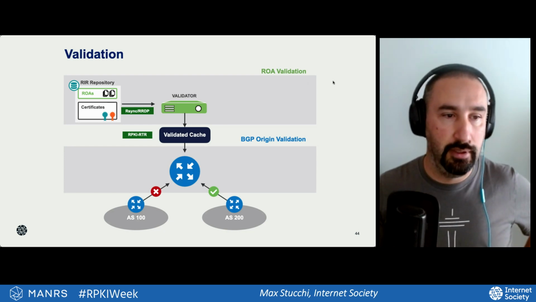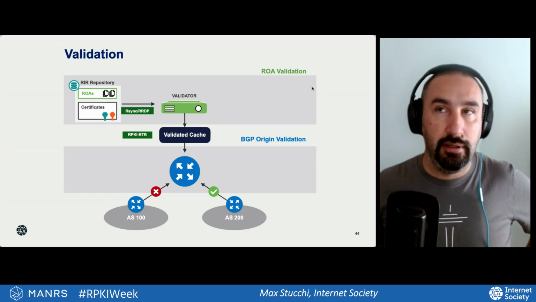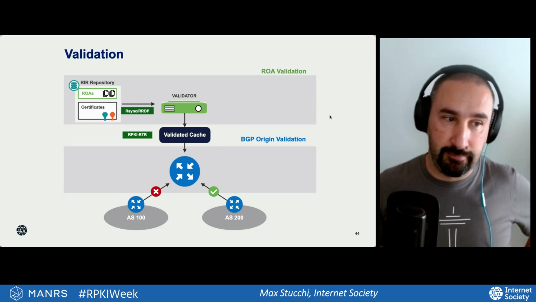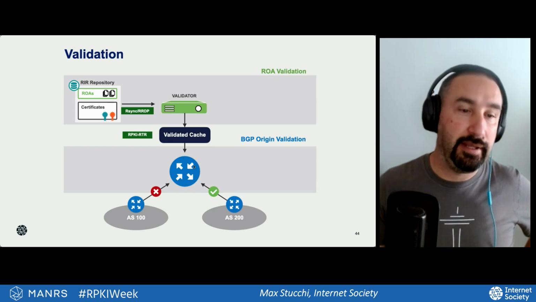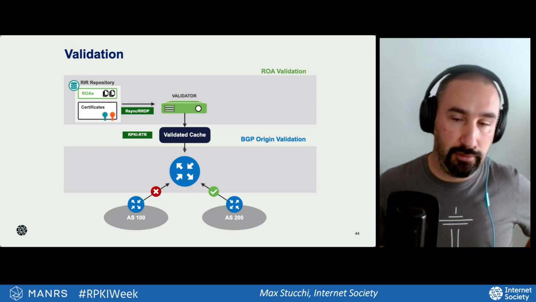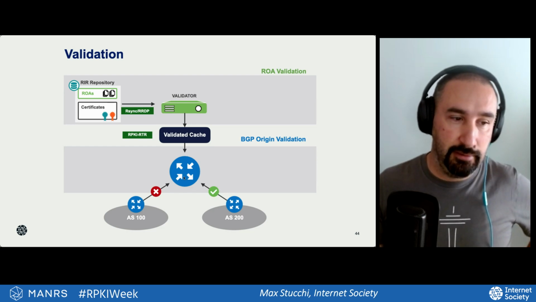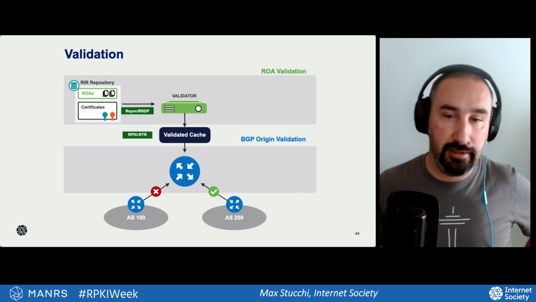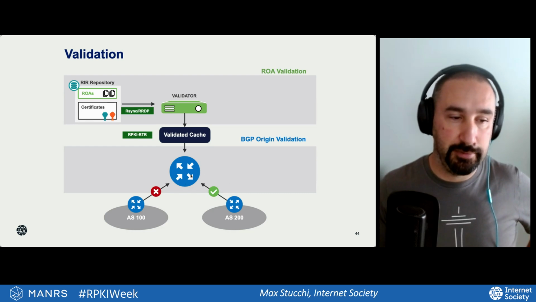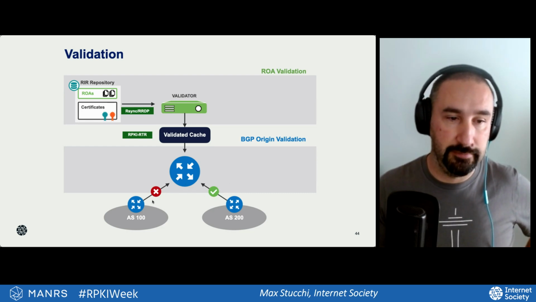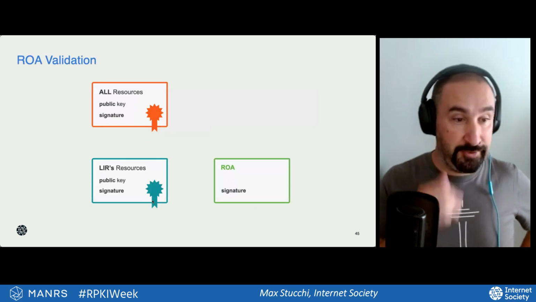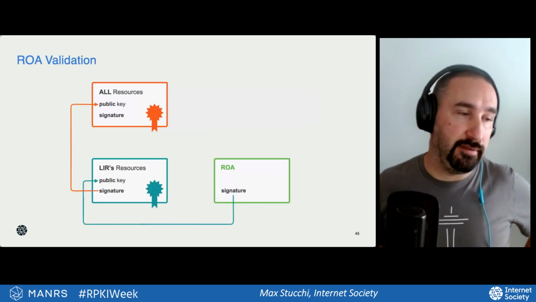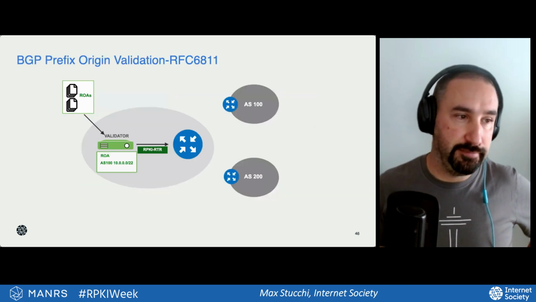So we do what I would call a policy check. And then we go into a technical check. We have all the ROAs that made it here. The router can use them to say if an announcement is good or bad.